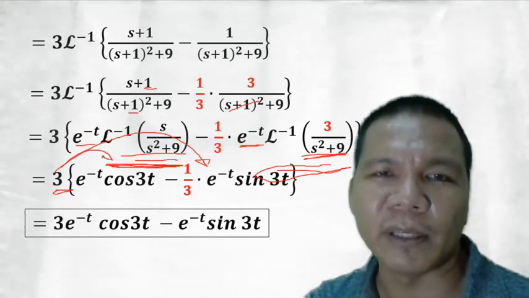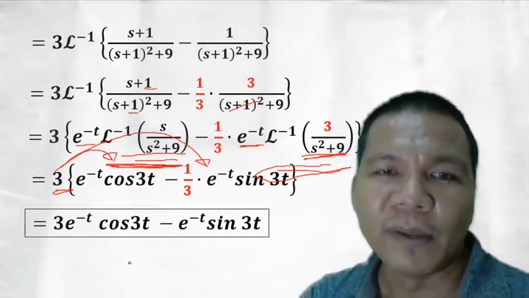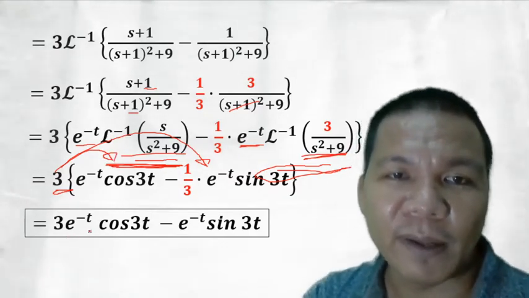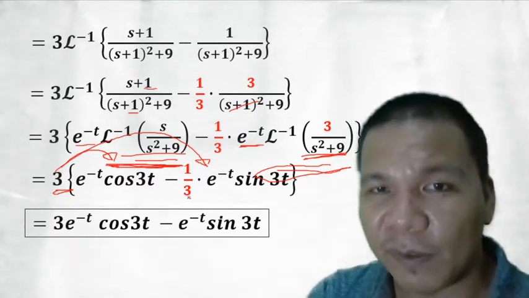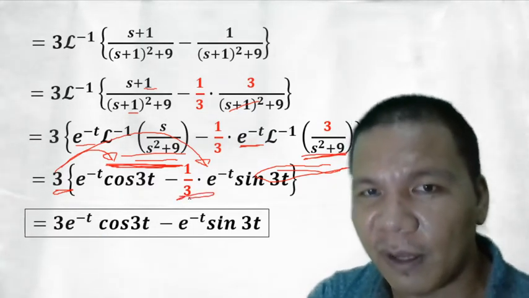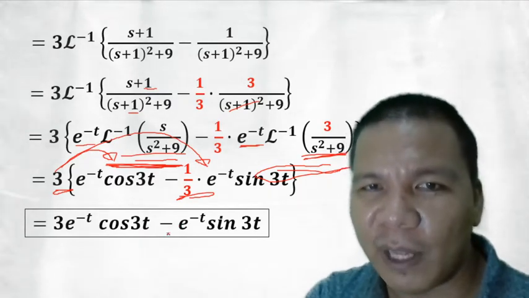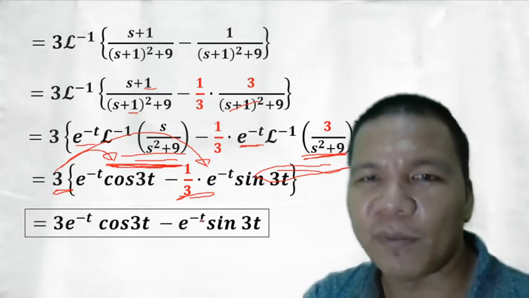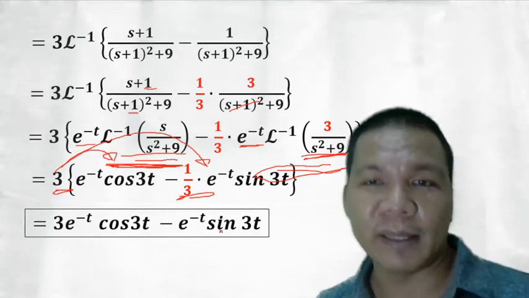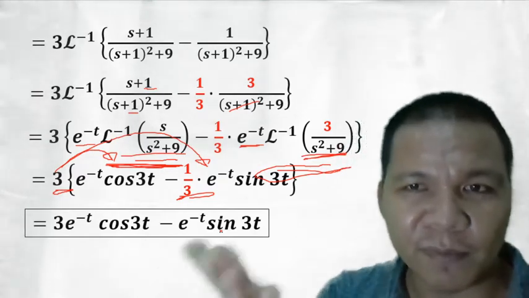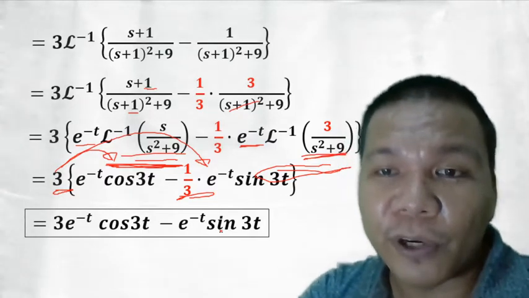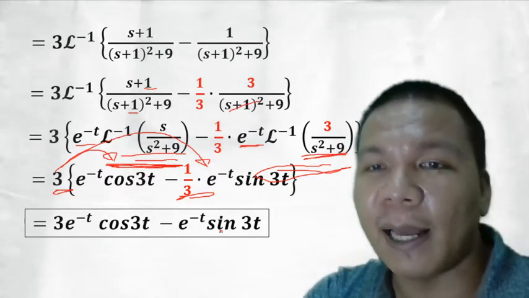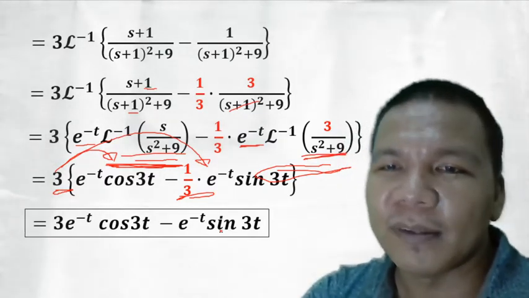So multiply 3 to each of the terms here so that it will become 3 times e raised to minus t cosine of 3t minus 3 times this 1 over 3 becomes negative 1 e raised to minus t and sine 3t. Okay, any questions? Feel free to comment on this video for your questions. I will be glad to answer your questions.